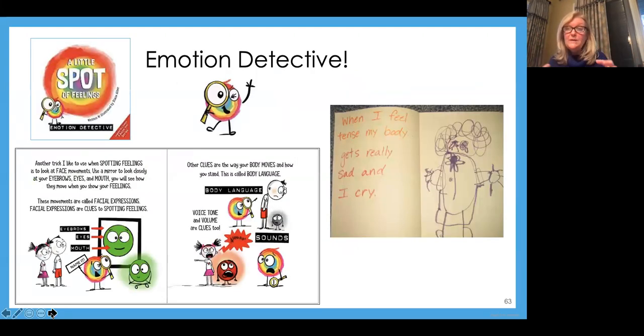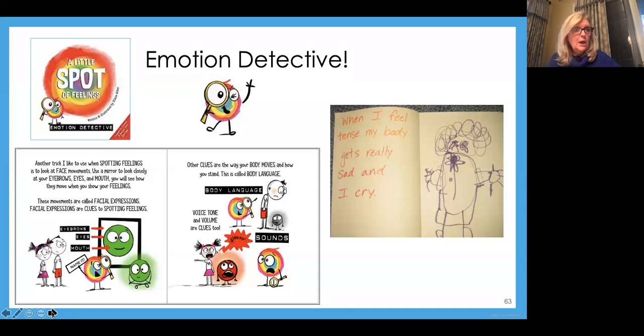And there are different books that really focus on some of those feelings. The Emotion Detective, A Little Spot of Feelings, is about being a detective, and it talks about different clues and cues. Diane Alber, you're probably familiar, has tons of books on feelings, and her website has lots of free resources.